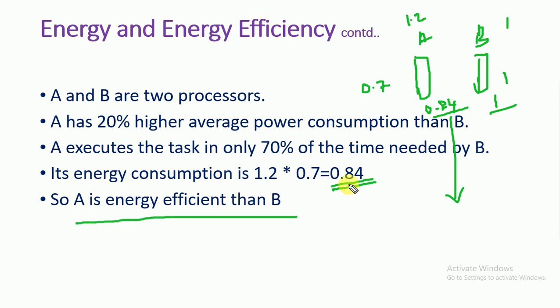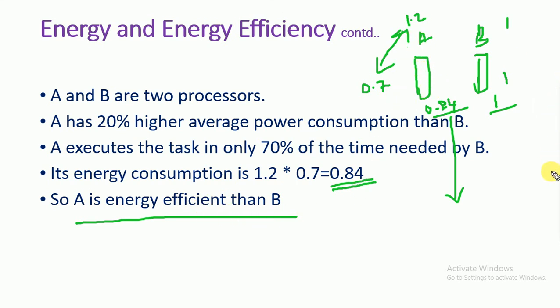So we are not only considering the power consumption, we are also considering the time taken for completing the task. These two decide the energy consumption, and the time taken for a particular task will decide the energy efficiency of a particular processor.